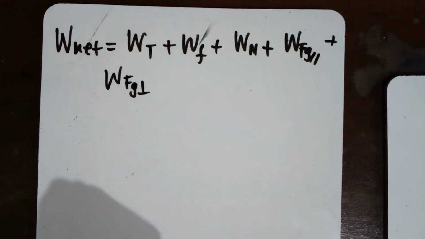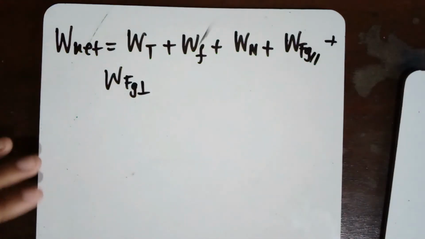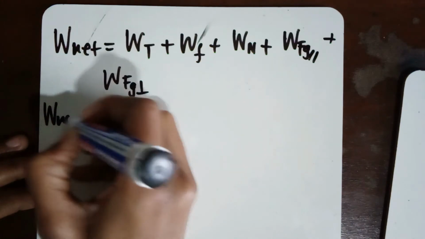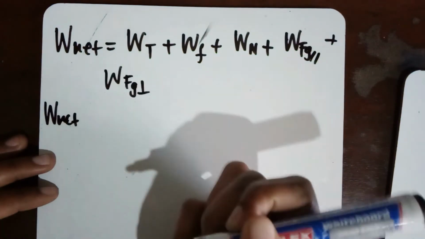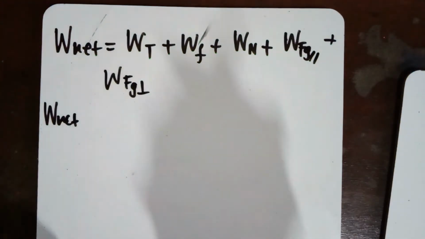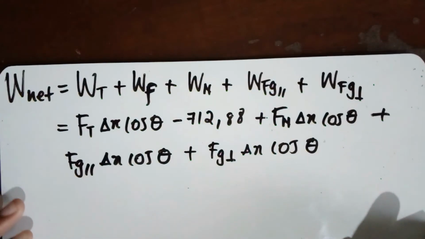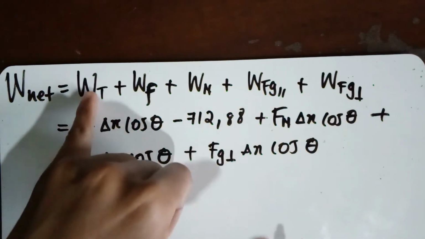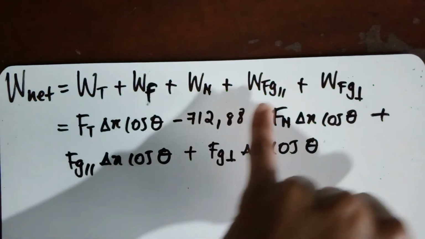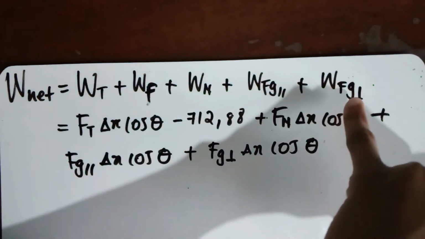So now we go here. We say the work done is going to be, I need a bit more space. Maybe I should have, let me just flip this thing around. Okay, so there we are. I've already added a few more things. So you have work done by tension, friction, normal, the parallel component of weight, and the perpendicular component of weight.